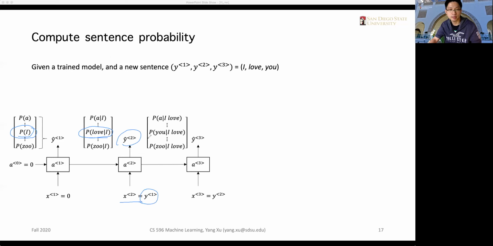We can easily identify the probability for you given I and love. Okay, so all we need to do is to take these three probabilities out.